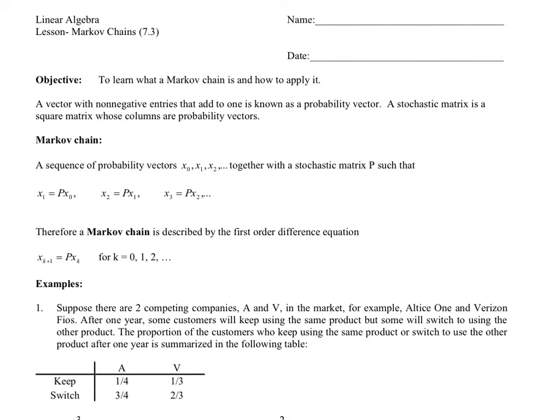A vector with non-negative entries that add to one is known as a probability vector. A stochastic matrix is a square matrix whose columns are probability vectors. The term stochastic, I did a quick Google search on stochastic models, and very simply put, a stochastic model represents a situation where uncertainty is present.